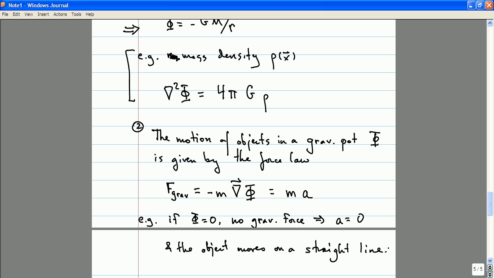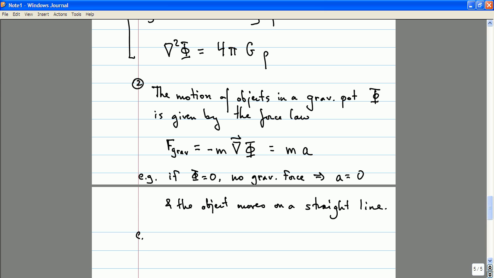A second, slightly more sophisticated example would be if we have an object of mass capital M sitting at r equals 0, then the gravitational potential is minus GM divided by r, so that the force felt by our object is little m times big M G over r squared, where here little m is the mass of the object being studied.